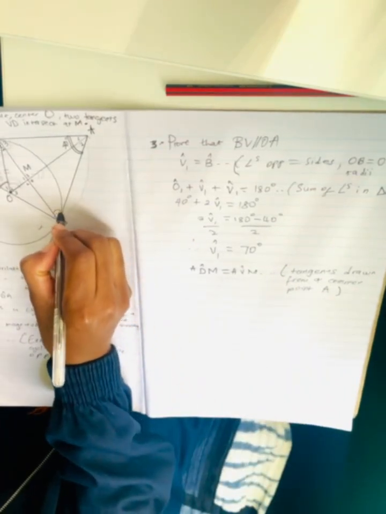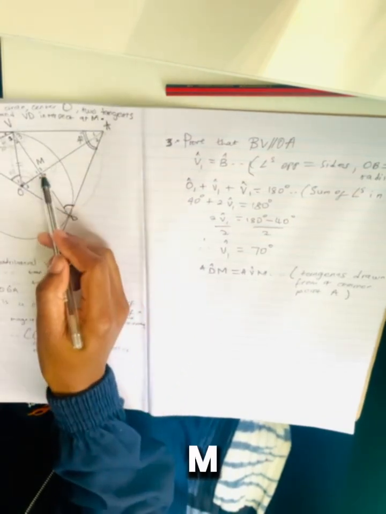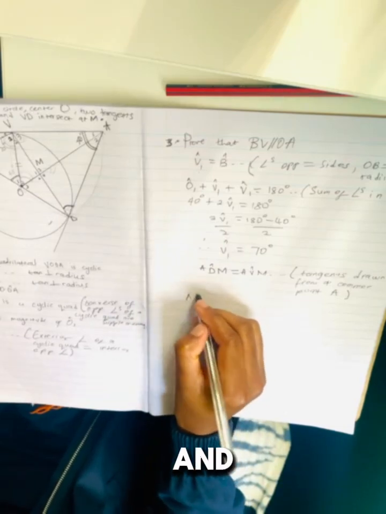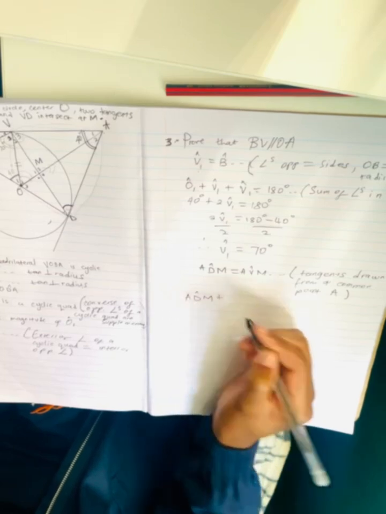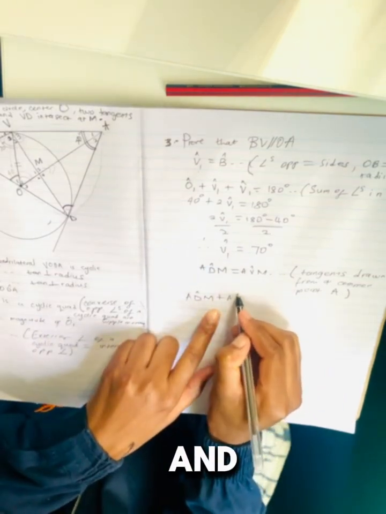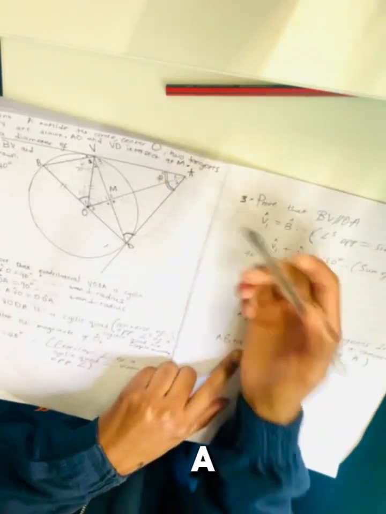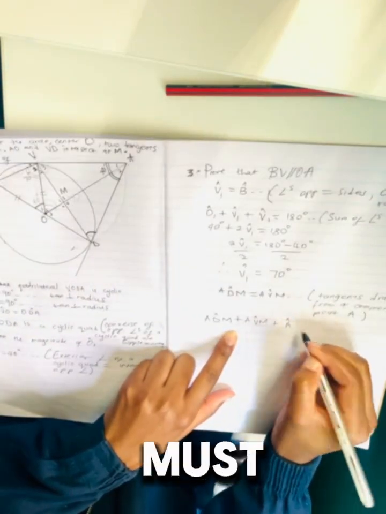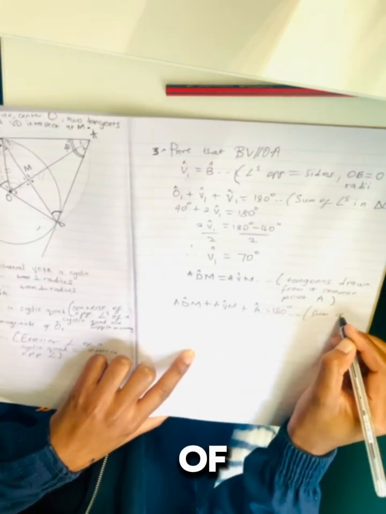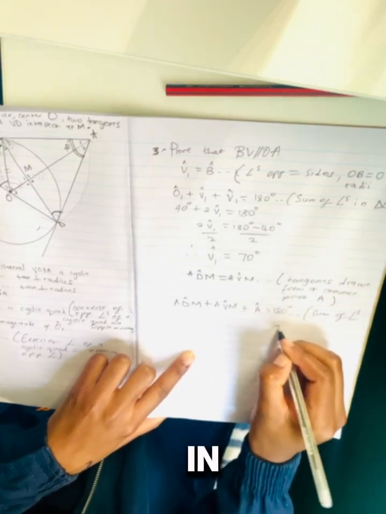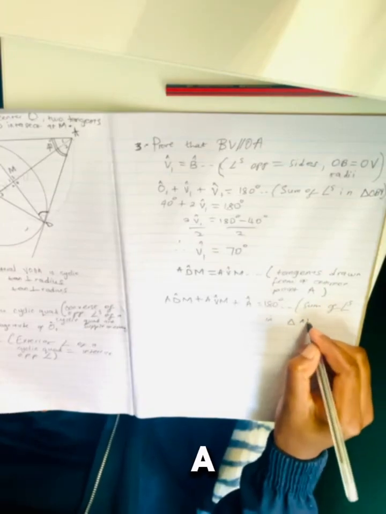Now you're going to get the magnitude of angle ADM. So angle ADM plus angle AVM plus angle A must be equal to 180 degrees. What is your reason? Sum of angles in triangle AVD.